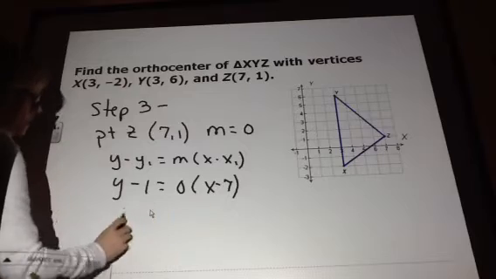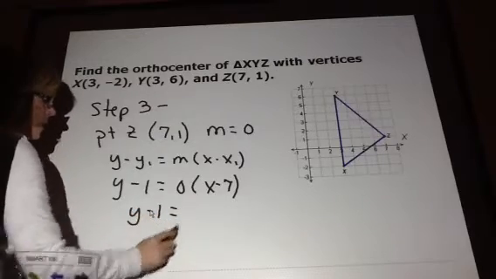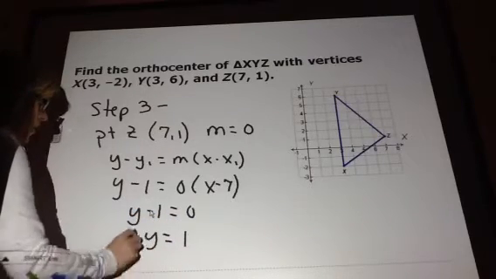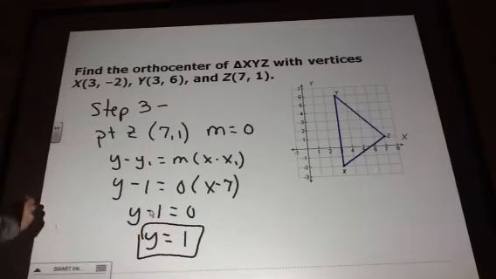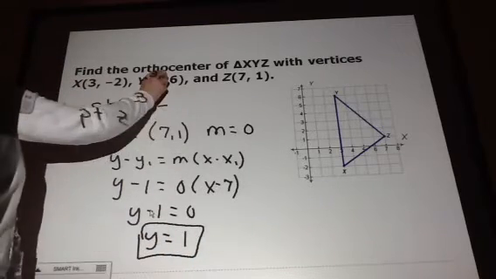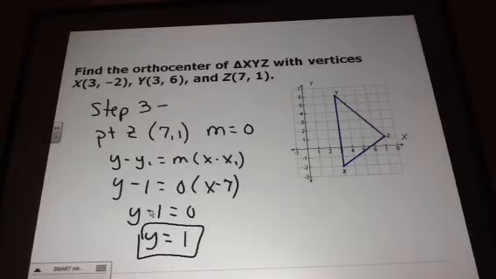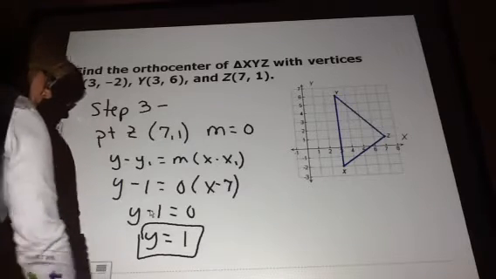Okay, let's clean this up. The right side is going to be 0, so y equals 1. So we have one coordinate of our orthocenter. Now we've got to find the second coordinate.